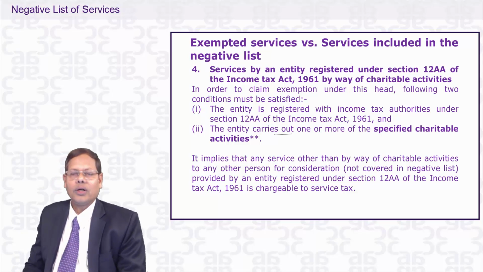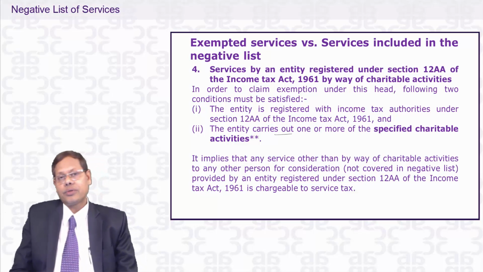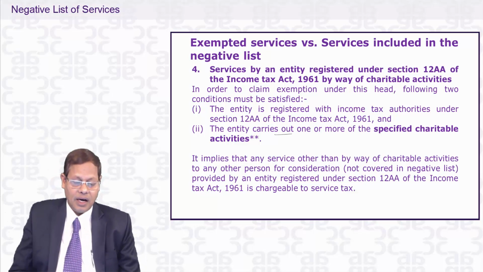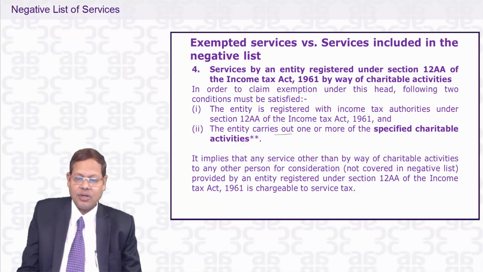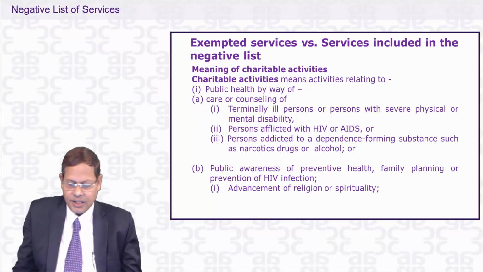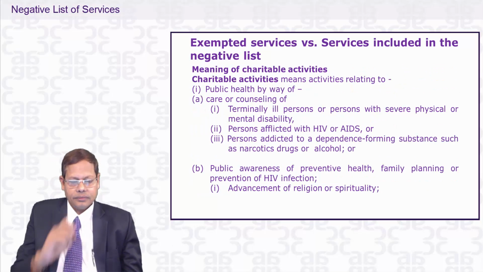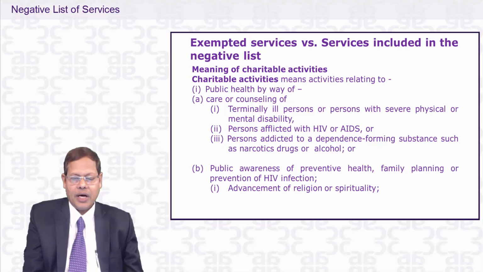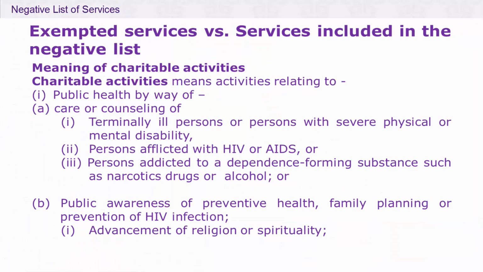Now the question is, what do you mean by charitable activities? Charitable activities has been defined under the exemption notification. So next again, let's see. Charitable activities means activities relating to public health, A, care of counseling of so and so, B, public awareness.